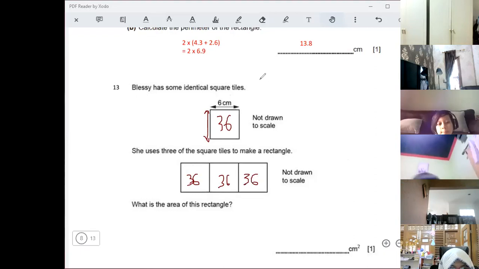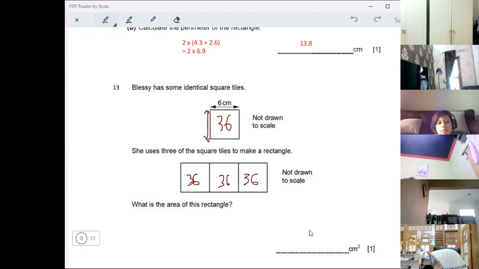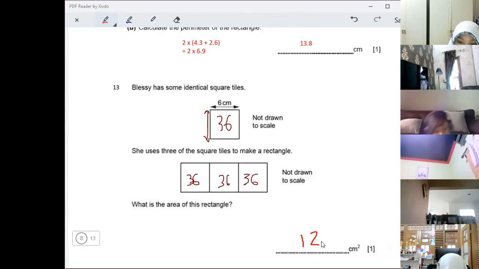Okay, so 36 times 3. What is 36 times 3, class? 128. Is it correct, class?